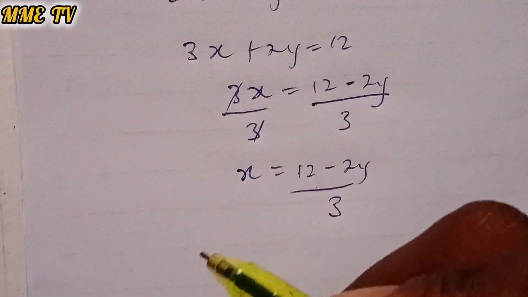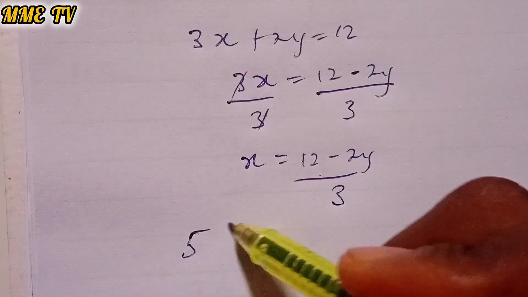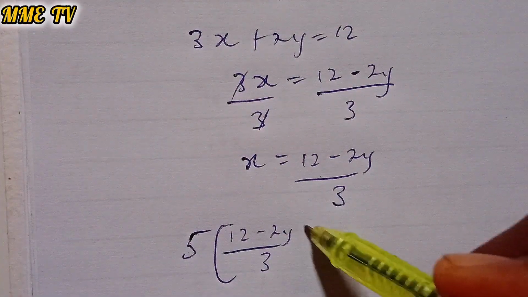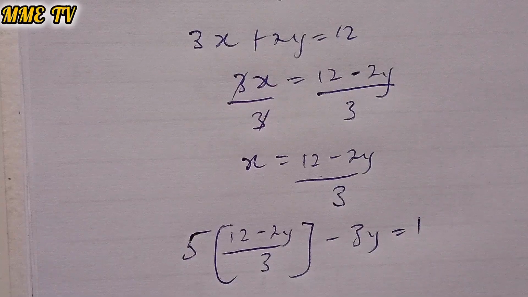So I'll be having 5 brackets 12 minus 2y over 3 minus 3y is equal to 1.